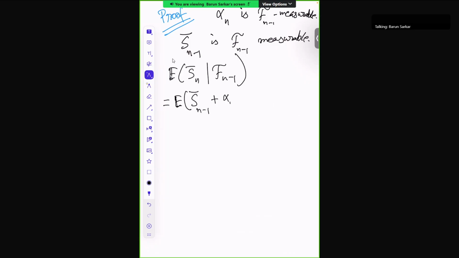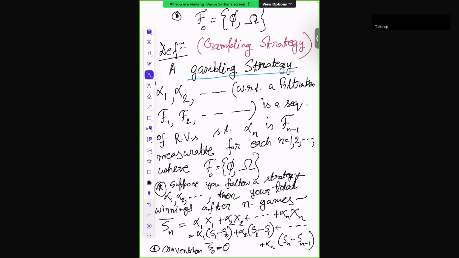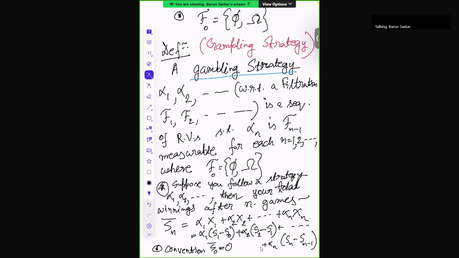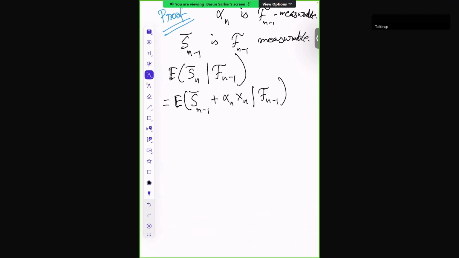Sn bar is equal to S n minus one bar plus alpha n Xn, and Xn can be written as Sn minus S n minus one, so alpha n into Sn minus S n minus one.